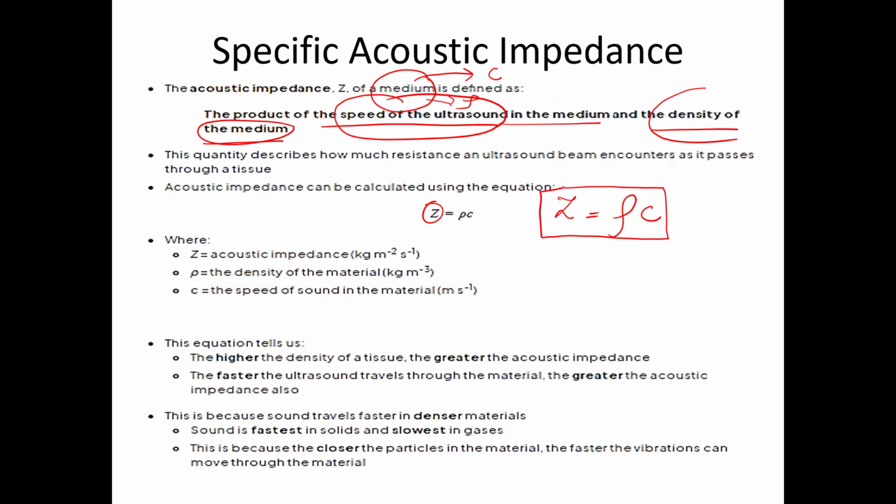So what is the density of a medium, and the next term is the speed of the ultrasound with which it is moving. So C is called the speed of ultrasound, and rho is called the density of the medium.